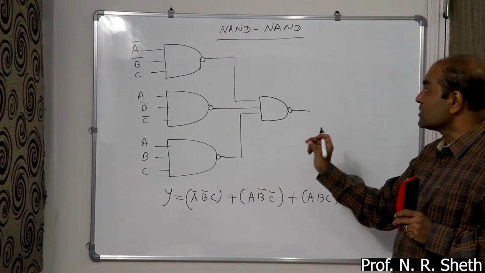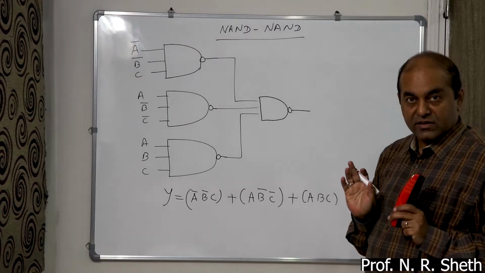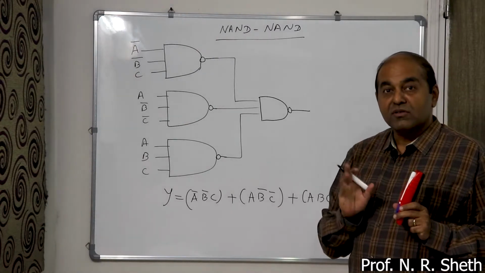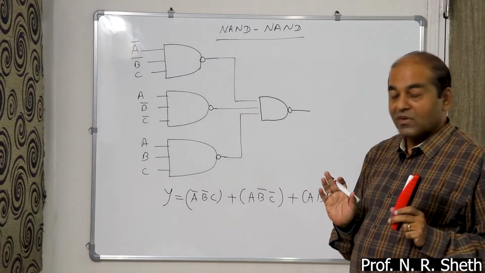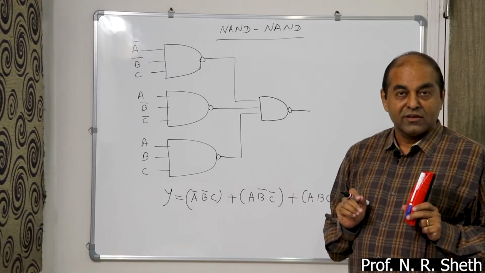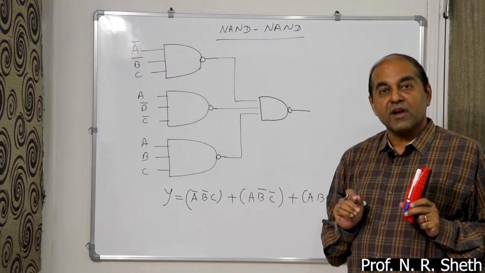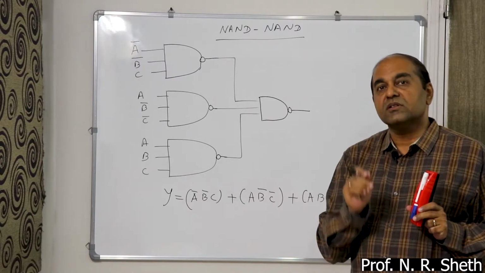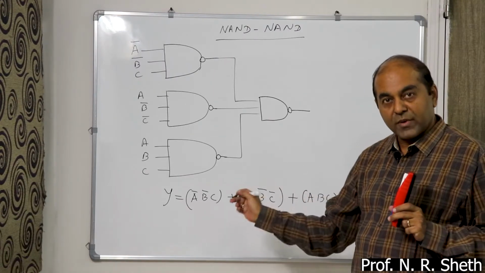So this circuit is said to be a NAND circuit. Now the question arises in your mind: sir, how do we obtain this equation? By using the property of the NAND gate and De Morgan's theorem number 2, we obtain this equation.